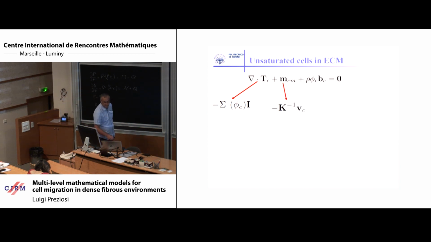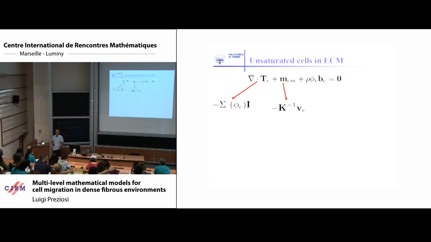And as before, I'm assuming that this interaction force between the cell and the extracellular matrix, when they are moving in the extracellular matrix, is proportional to the velocity with the motility tensor. I can call it a motility tensor, K now.